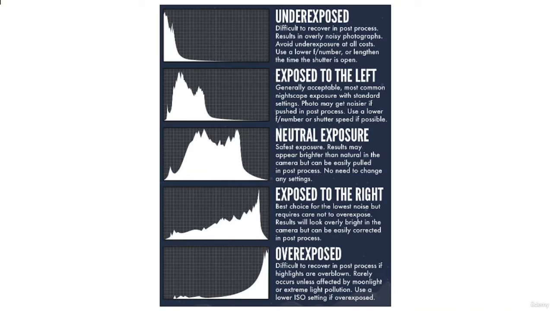So if we look at each one of these, we can see that these little shapes differ when our exposure is affected. So we have underexposed, and right now we see it's on the left, and that is because it's going to be really difficult to bring it back in the post-production editing. Now, I did say that we could, but like I mentioned earlier, you would bring a lot of noise into the image.